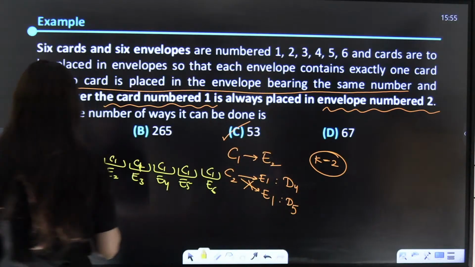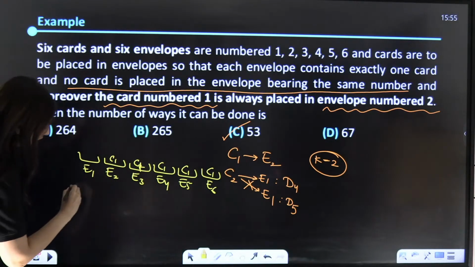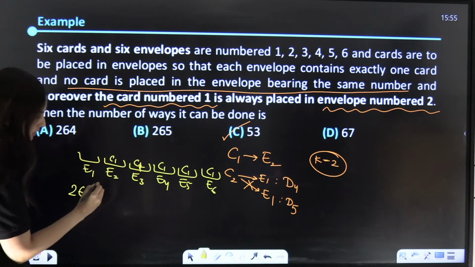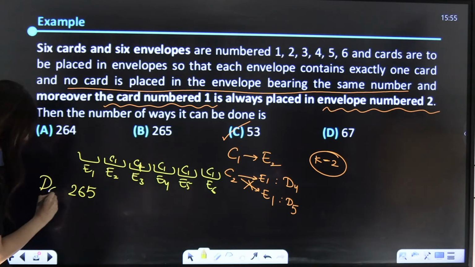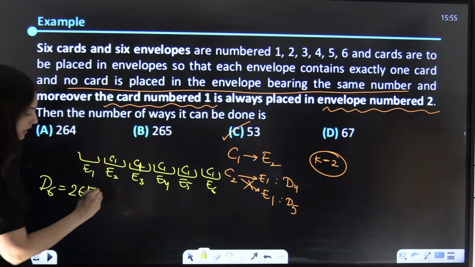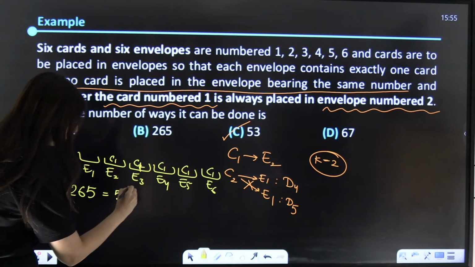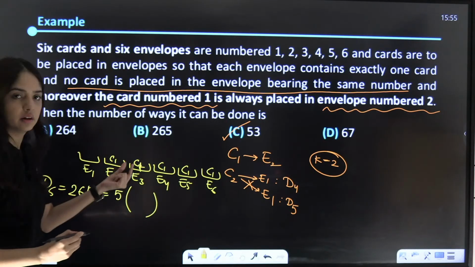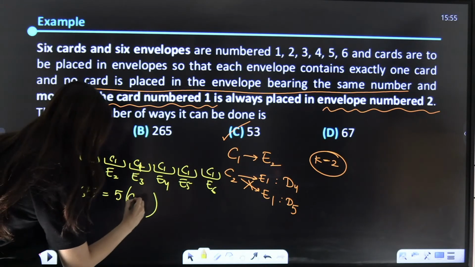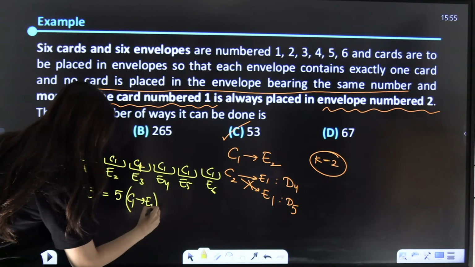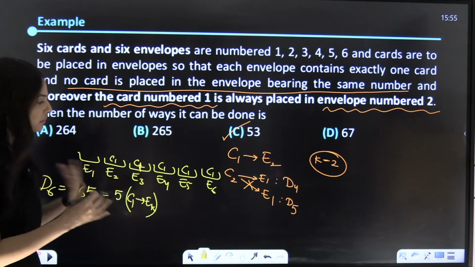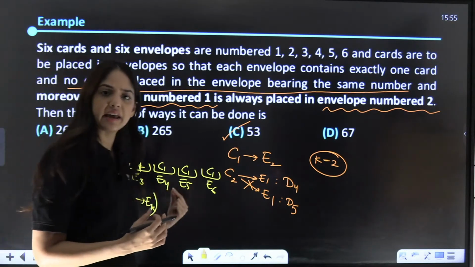That meant there are a total of 265 ways, right? D6 is 265. That is equal to 5 times the number of ways with C1 going to EK. It doesn't matter what K we chose.